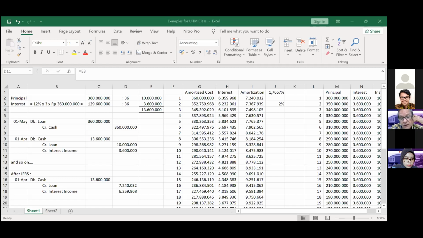That's why derivative transactions are not really heavy in Indonesia now. Only the big banks like BCA, Mandiri, BNI, maybe only 5 banks, conduct derivative transactions.